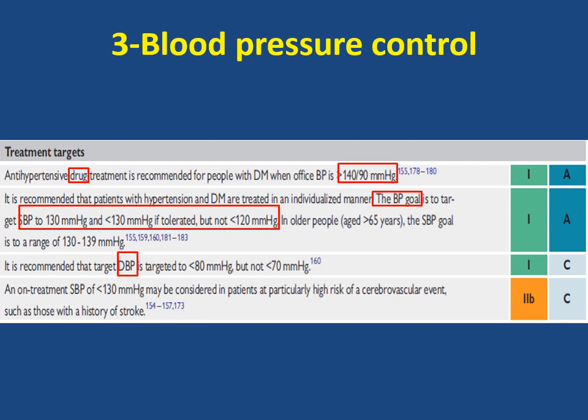The blood pressure goal is to reduce the systolic blood pressure to below 130, to a minimum of 120 if tolerated, but not less than 120 mmHg, as below 120 mmHg there is an increased risk of stroke or renal hypoperfusion, while the target for diastolic blood pressure is between 70 to 79 mmHg.